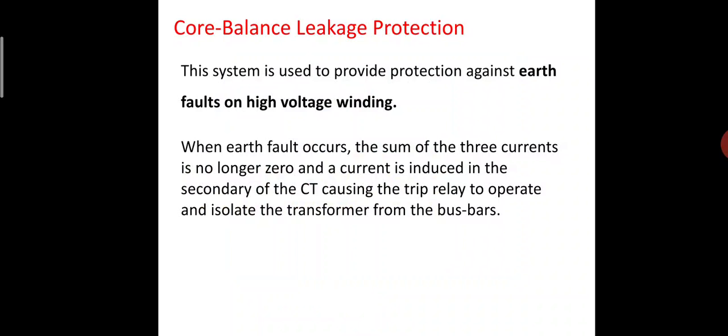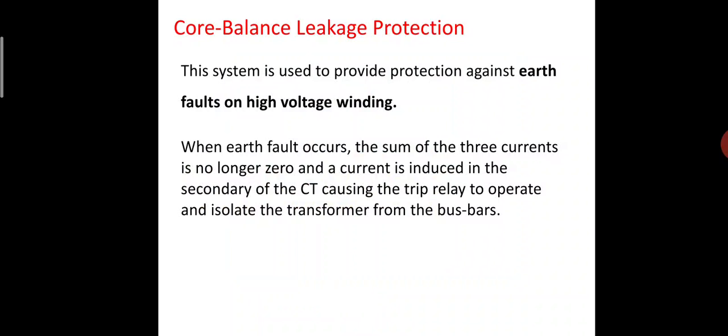Next one, core balance leakage protection. This system is used to provide protection against earth faults in high voltage winding.